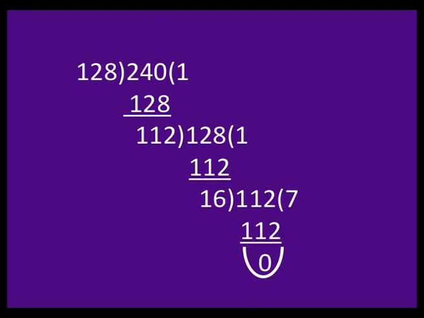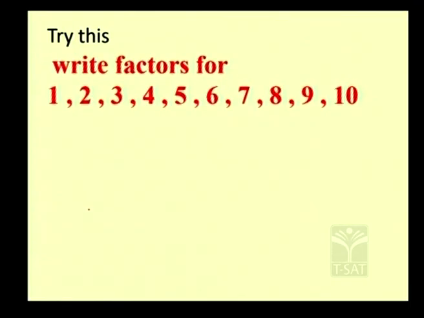The remainder is 112. When we divide 128 by 112, we get 112 ones are 112, and the remainder is 16. When we divide 112 by 16, we get 0 remainder, right. So, 16 is the highest common factor.